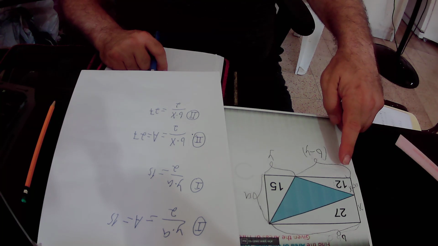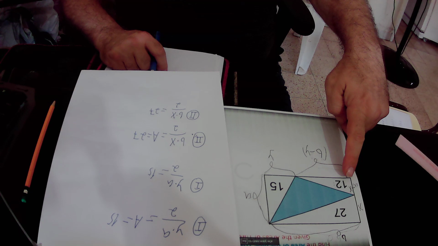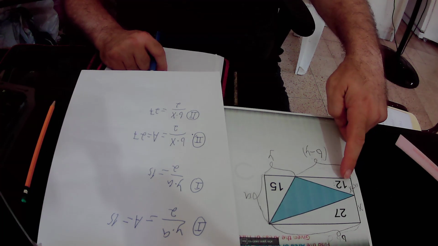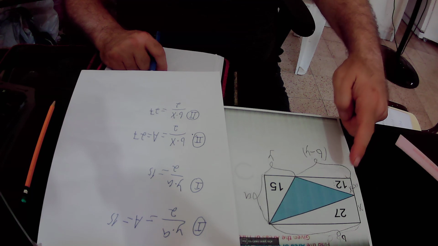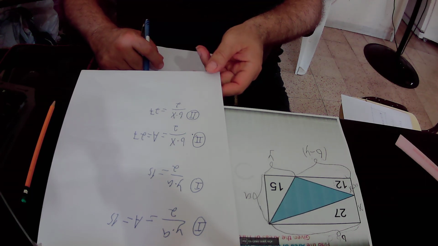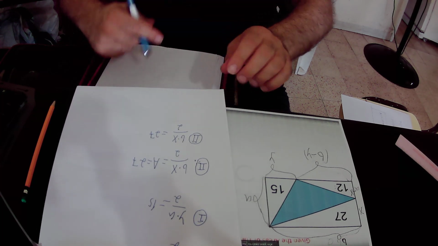And now we will move to create the formula of the area of this right triangle. We know that the area equals 12 units, but we want to create the formula for calculating this area.